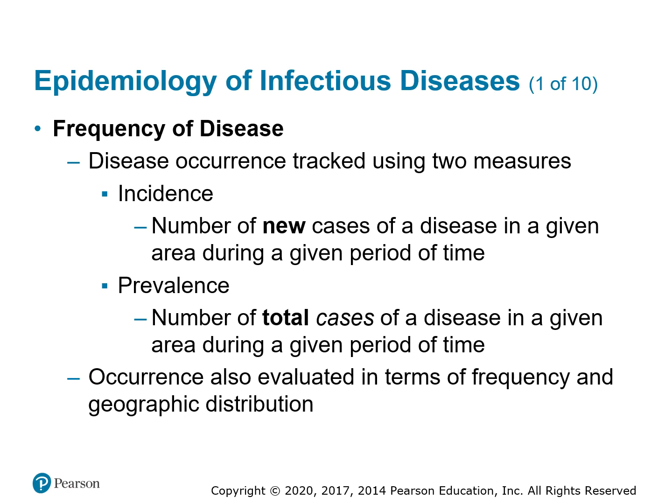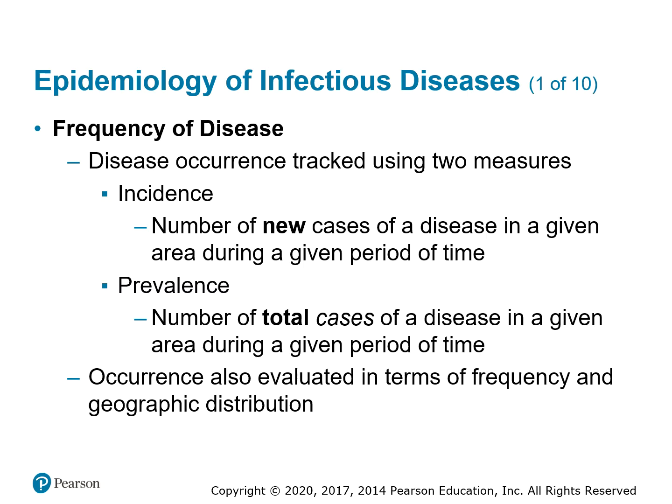Some other things that we talk about in epidemiology, the frequency of disease. Disease occurrence is tracked using two separate measures. Incidence is the number of new cases of a disease in a given area during a given time period. So it's the number of new cases in the county you live in, or in the part of the state you live in, or in the entire state, or in the entire United States, or the entire world.